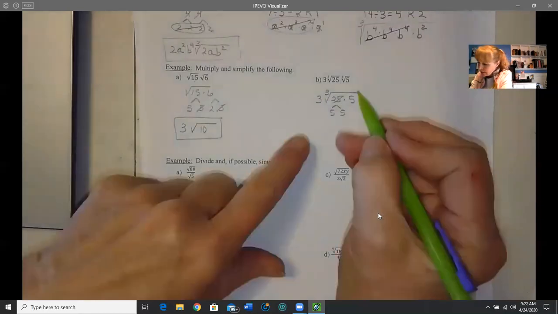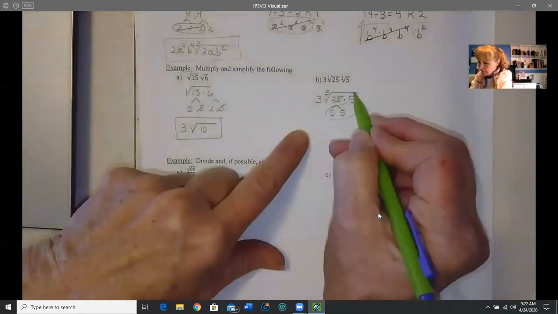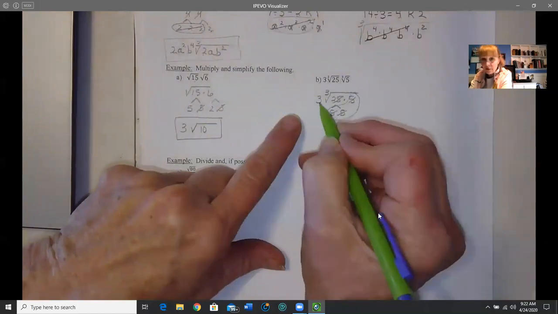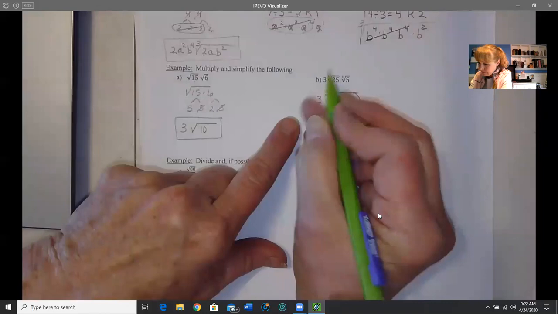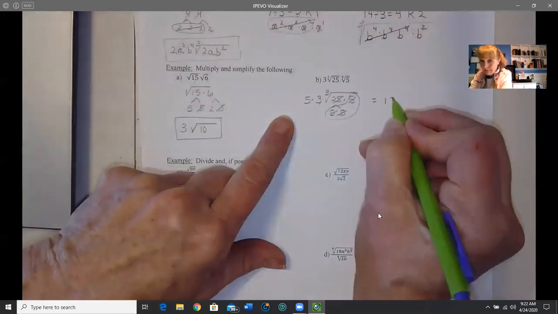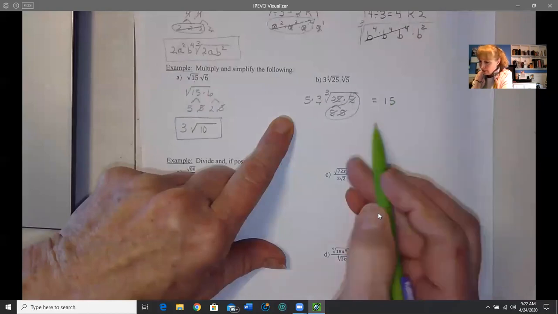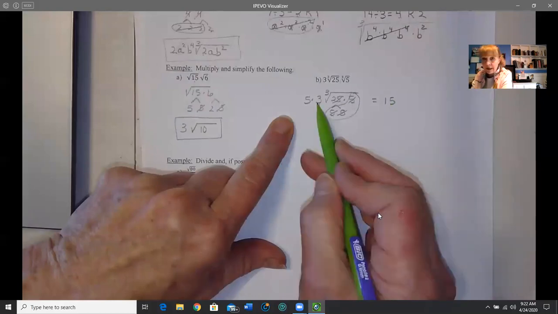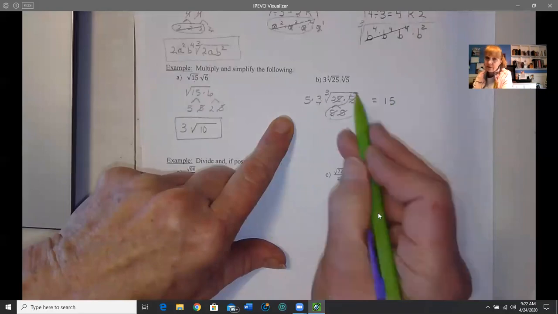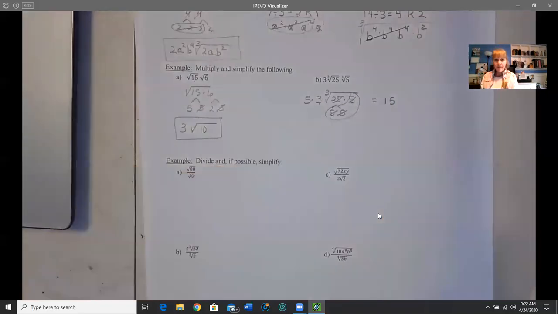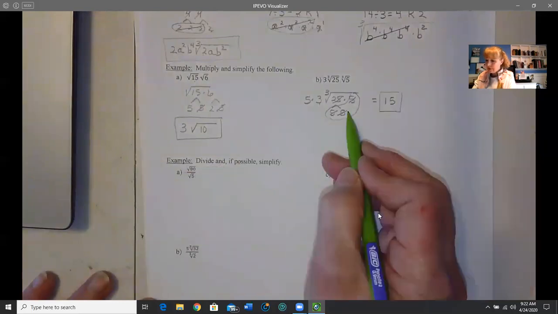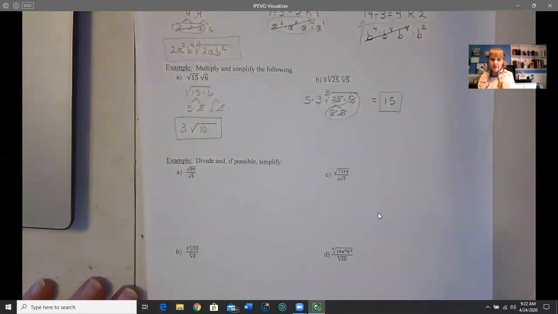So the answer is 15. And there's nothing left in the cube root, so it's gone. The cube root is gone. So if you do bring something out, just multiply it to what's already out there.